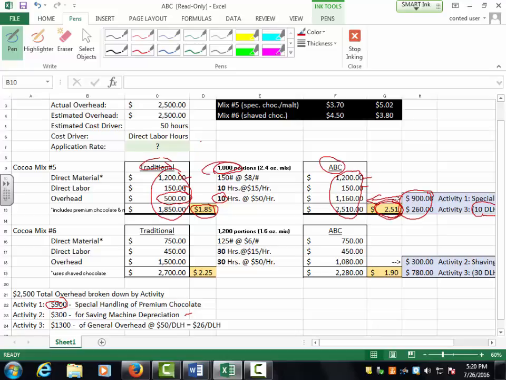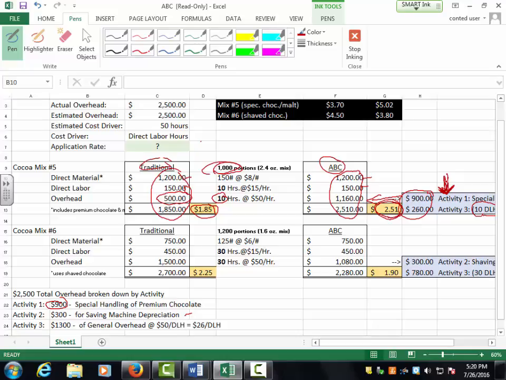So under activity-based costing, because of the activities that recipe creates, our overhead is significantly higher.